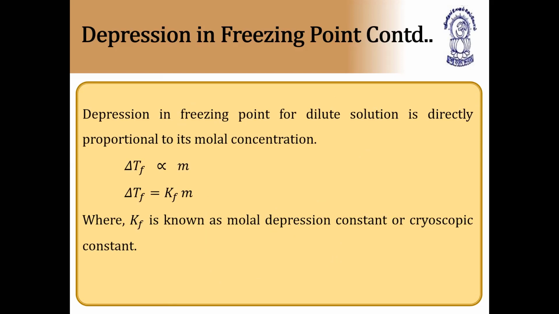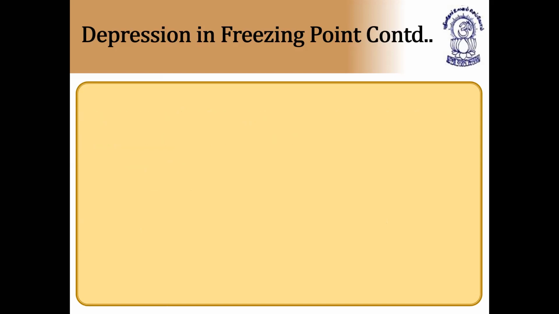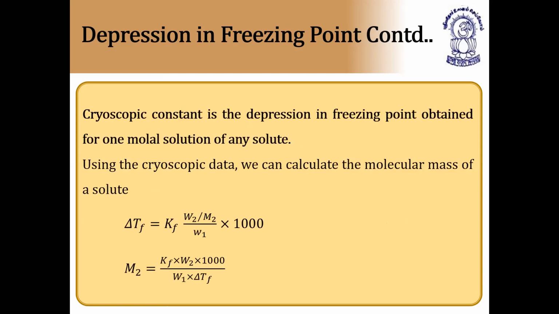Similarly, KB is called the molal elevation constant or ebullioscopic constant. By applying the molality formula, we finally get delta TF is equal to KF into W2 by M2 by W1 into 1000, that is, weight of solute by molecular weight of solute into 1000 by weight of solvent.